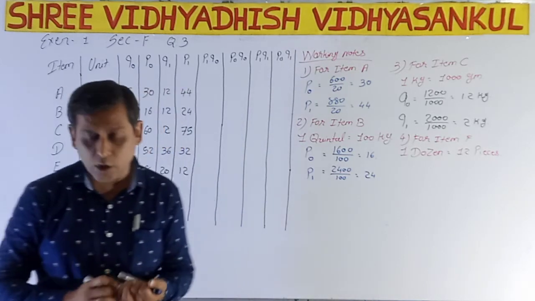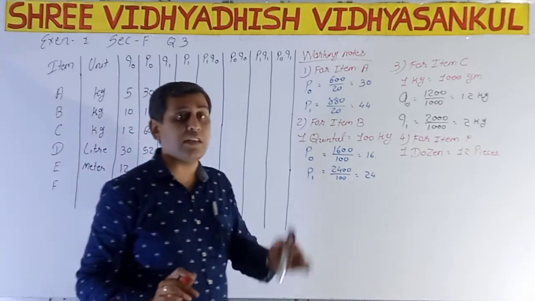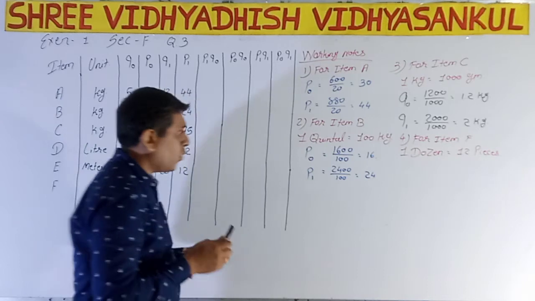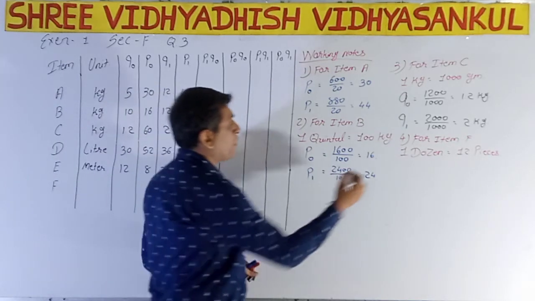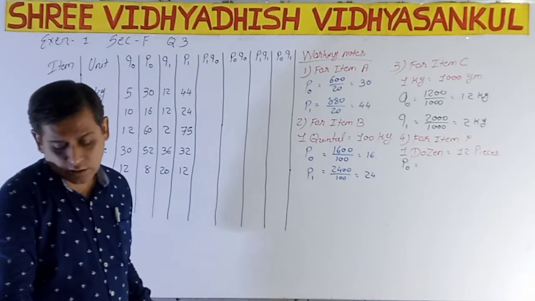Now we have to convert the price, not quantity here, because the price is divisible by 12. That's why we have to convert the price. So P0 here, first of all, what is the P0? Price of the base year is 30.